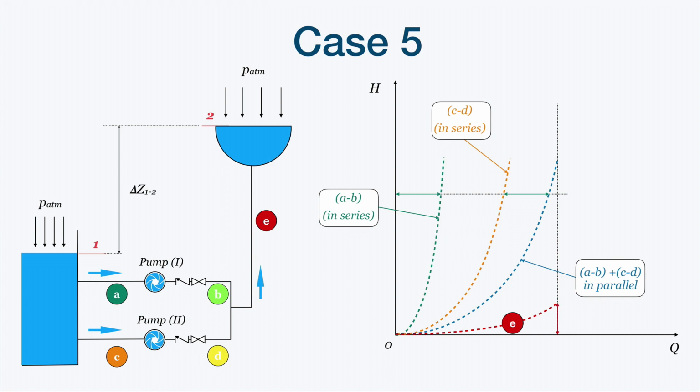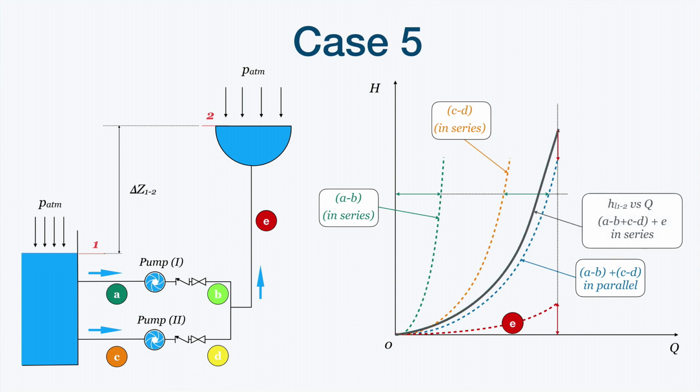We have the pressure losses of this system E, and we add this to the head losses of the combined system AB plus CD. Doing this for several points, we obtain the total head losses curve of all the system between section 1 and section 2.